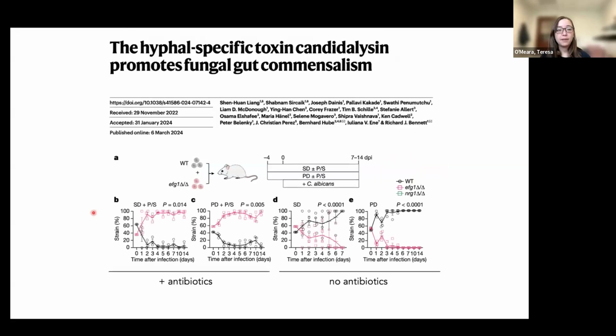Recently a paper came out saying the competitive fitness of a strain really depends on that gut environment. In the presence of antibiotics, the yeast-locked strain in pink consistently outcompetes the wild-type strain in black. But in the absence of antibiotics, the wild-type strain maintains its dominance, and the EFG1 mutant is outcompeted. So this tells us that something is happening in that gut environment, depending on the presence of bacteria.